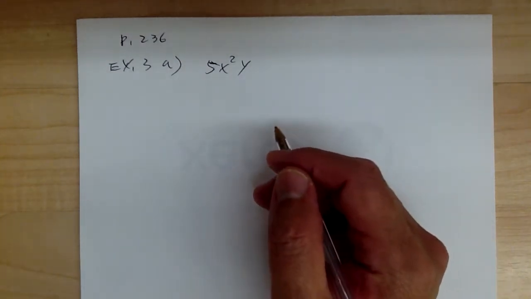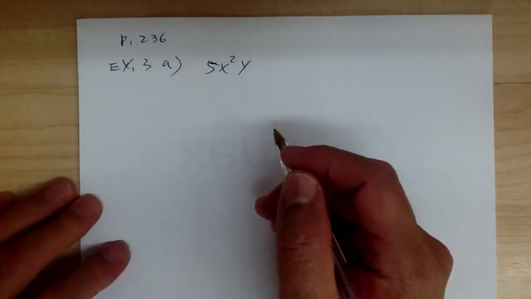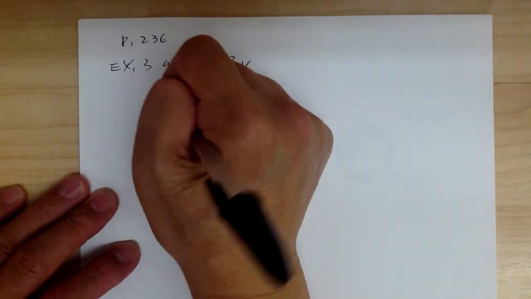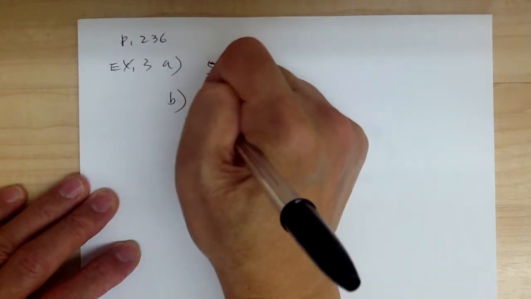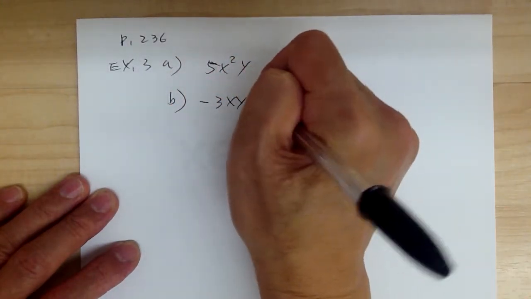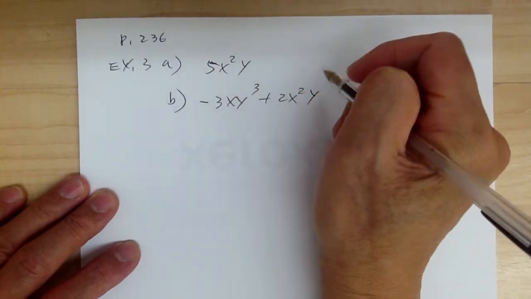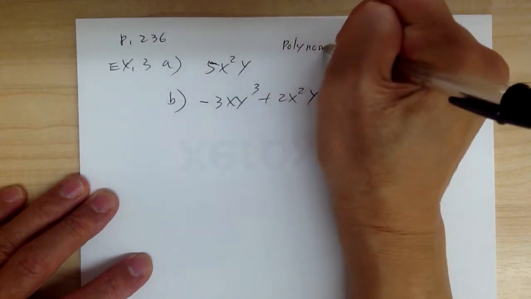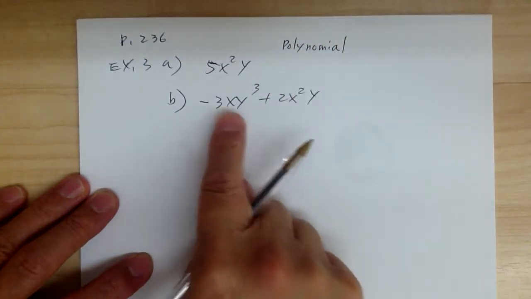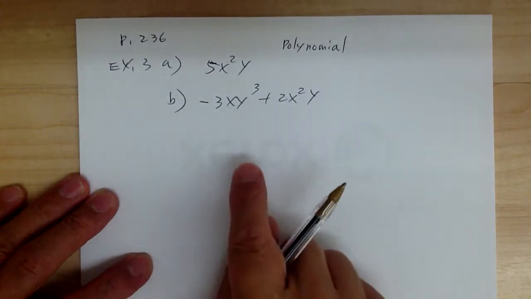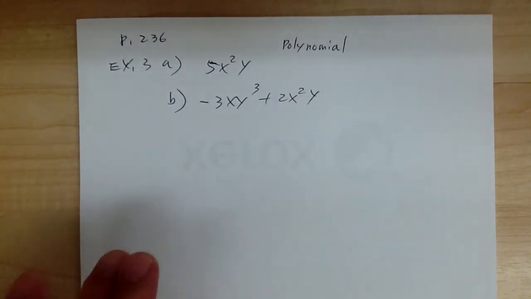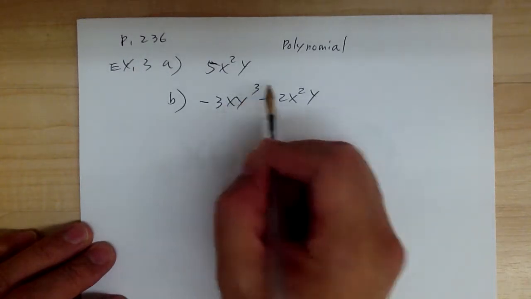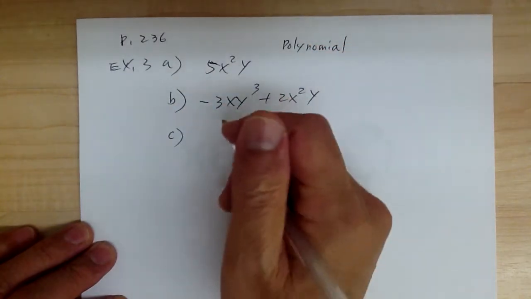So this is an example of a polynomial in two variables. And the next one is negative 3xy cubed plus 2x squared y. So again, all these are polynomials, as long as they follow number, variable to exponent, number, variable to exponent, and you can have more than one variable. So all these are examples of polynomials.